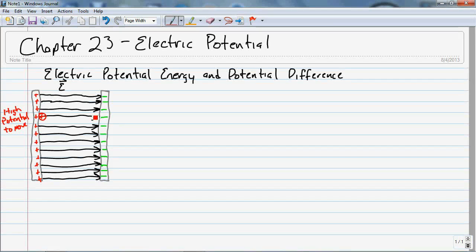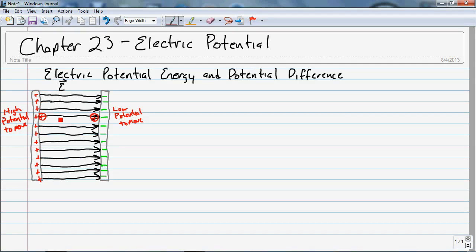Now, once the charge gets to the negative plate, it's further away from the positive charges and closer to the negative charges where it wants to be. So you have a low potential to move.